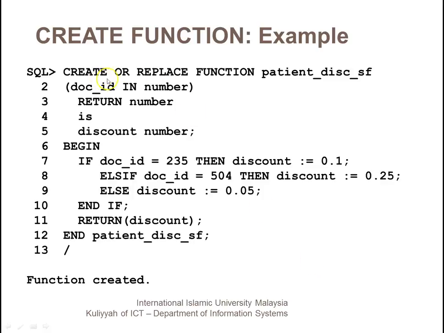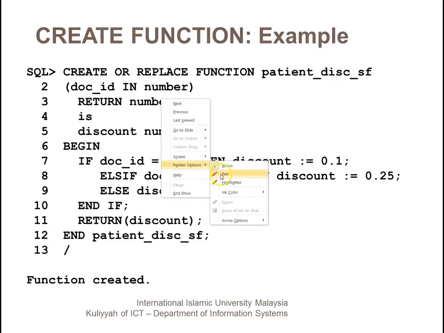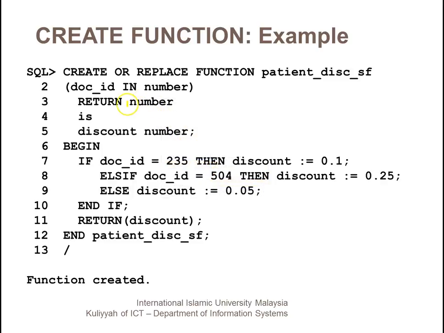Here I'm creating a function. Create or replace function, and this is the name of the function. Then I'm taking in the doctor ID, because I want to know who is the doctor that this patient is assigned to. As you can see here, let me just highlight, the return data type depends on the variable data type that you're going to deliver.